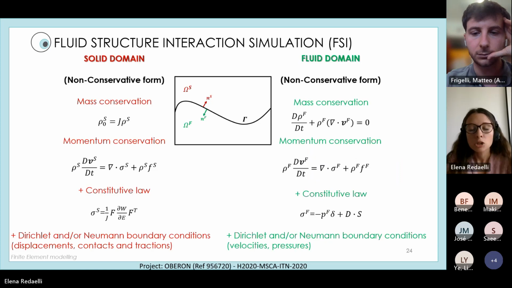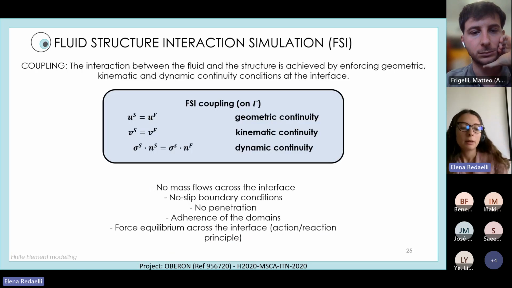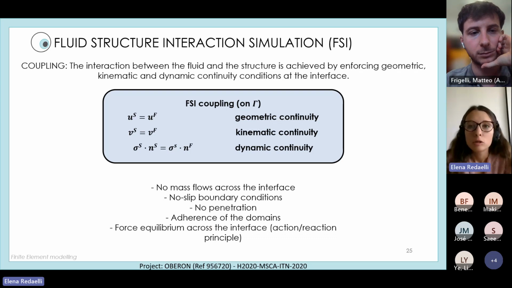Okay. So here is just a slide to show you that the equations the different solvers are solving are different. But an important concept is that we have to force the coupling between the fluid solver and the structural solver so that they can interact with each other. In particular, we should enforce the geometric, kinematic, and dynamic continuity.